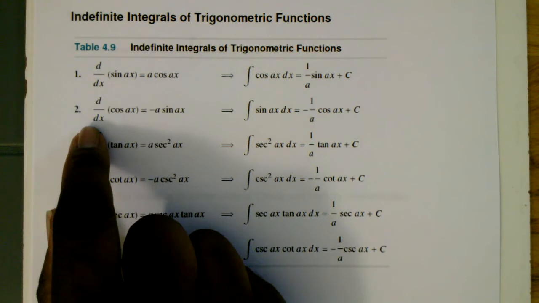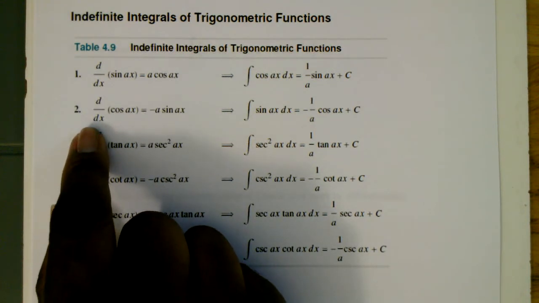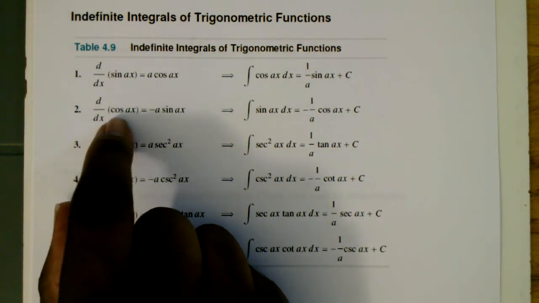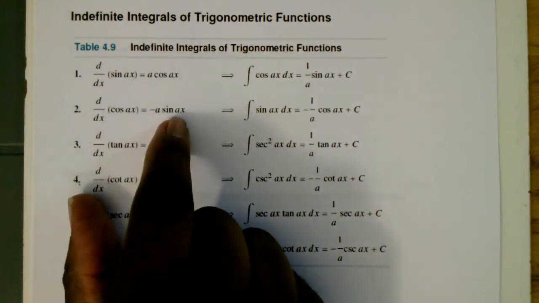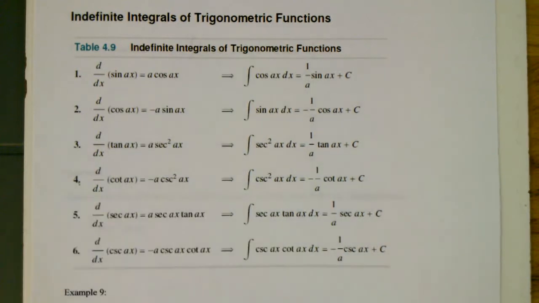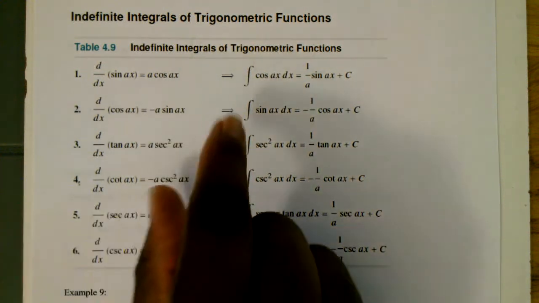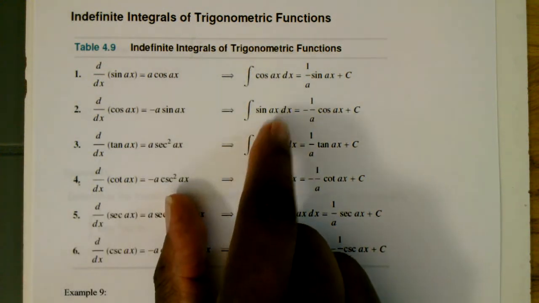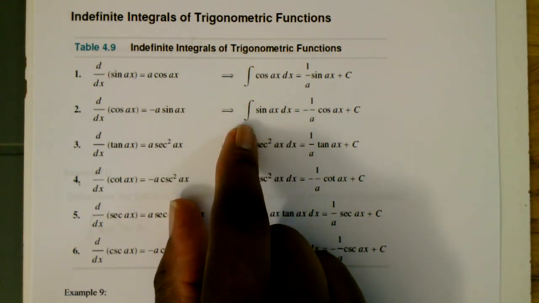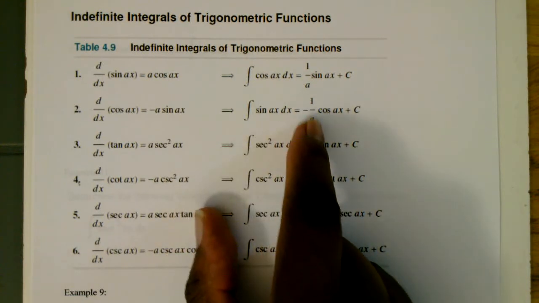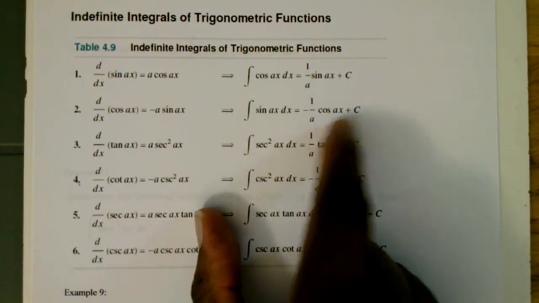Now, the second one is kind of tricky when you see it in integration. For the derivative of the cosine of ax, the derivative of the cosine is going to be negative sine of ax, and then its inside derivative will be a, so it'll be negative a times sine of ax. Now, the integral of that is kind of tricky, and you have to think about this for a moment. The integral of the sine of ax is going to be negative 1 over a times the cosine of ax plus c.